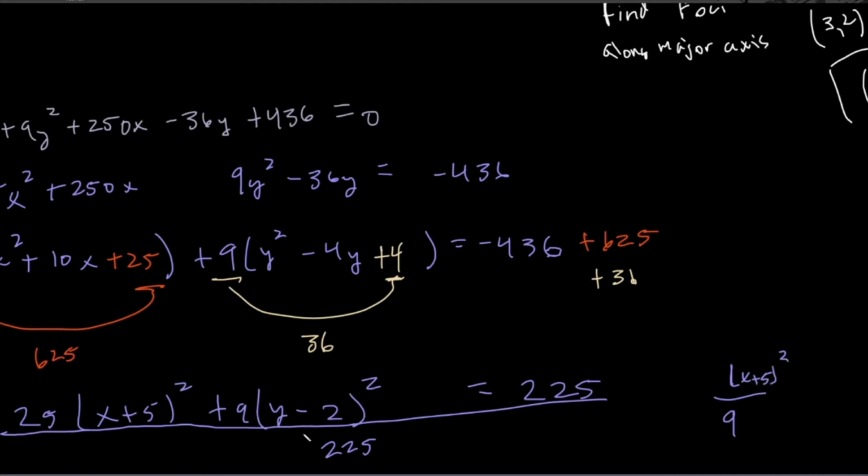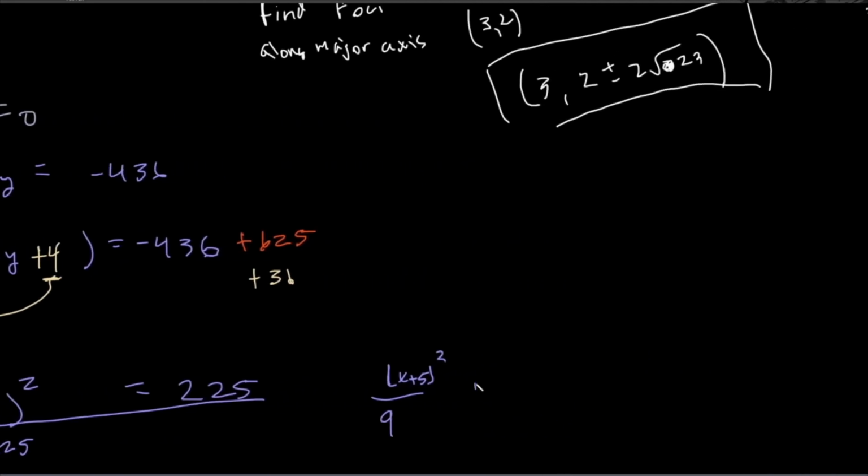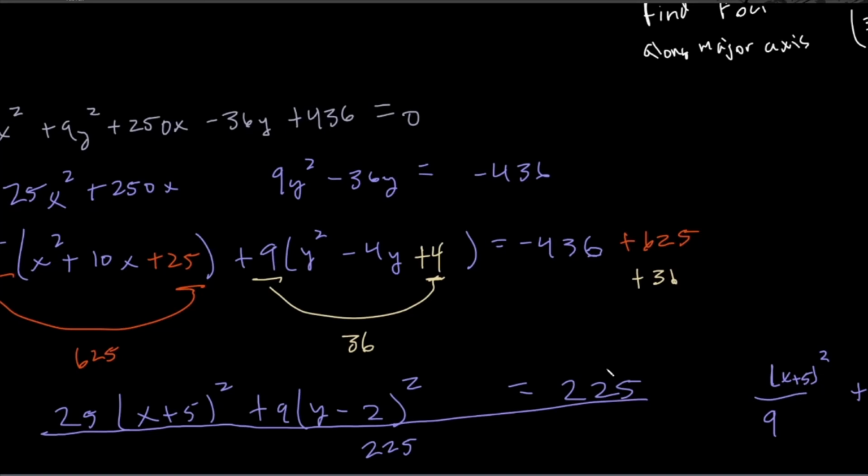And 9 divided by 225 is actually 1/25 y minus 2 squared equals 1. So notice the reason this happened is 225 is actually 9 times 25. It's kind of coincidental, but this happens a lot with ellipses. And so the 1/25th, when you divide by 225, you're actually dividing by 9 times 25, so you get 1/9. And the 9, when you divide by 9 times 25, you get 1/25.